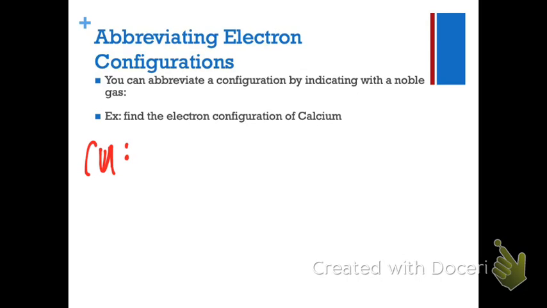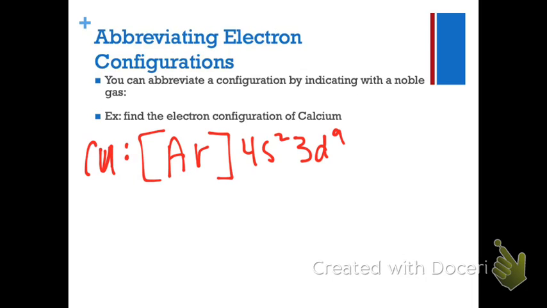So it's still argon. Brackets, argon. But can I just do 3d9? No. I have to do 4s2, then 3d9. Because it's everything that comes after argon until we get to copper. Right? After argon, we had to get through 4s before we could go 3d.